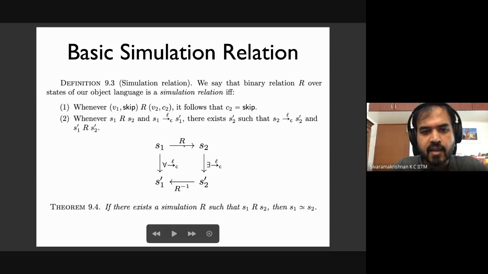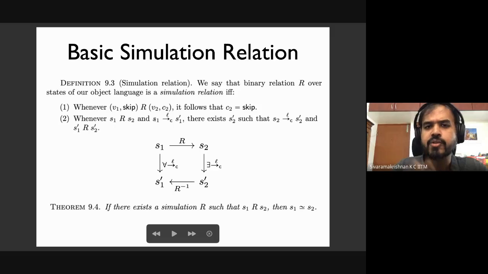And we said this R is a simulation relation if it respects this particular property, which is described here pictorially. And then we also have this property that they agree on termination, which is that if the left-hand side is at skip, the right-hand side is also at skip. So this is sort of how to relate the final state.